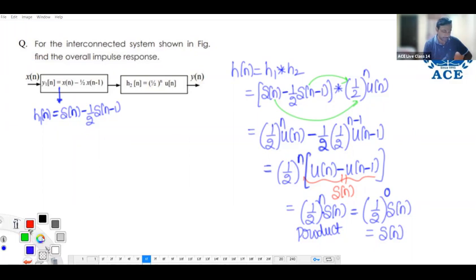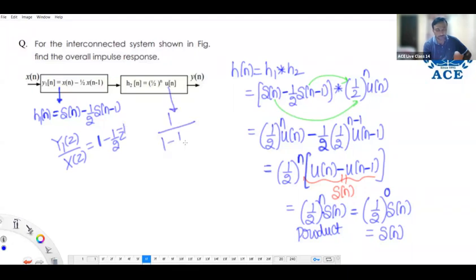Actually, if you solve this example by Z transform, it is a single step. Y1 of z by X of z is 1 minus half z inverse. For this second term, 1 by 1 minus half z inverse. If you apply Z transform, it is a single step answer.